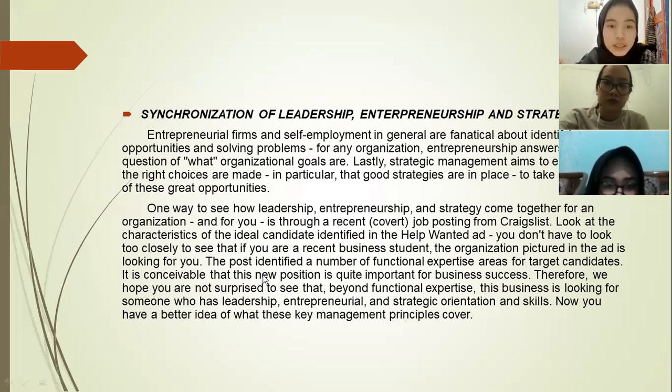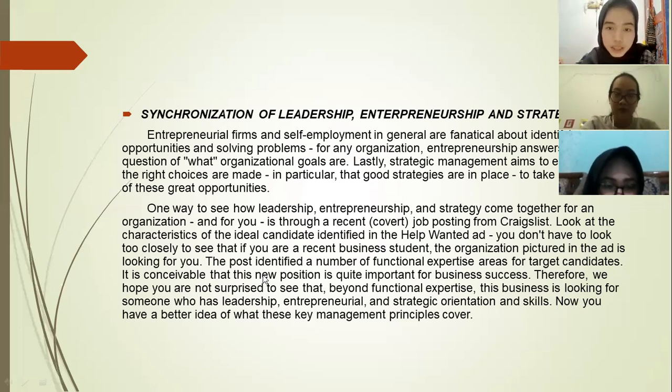One way to see how leadership, entrepreneurship, and strategy come together for an organization and for you is through a recent job posting on Craigslist. Look at the characteristics of the ideal candidate.